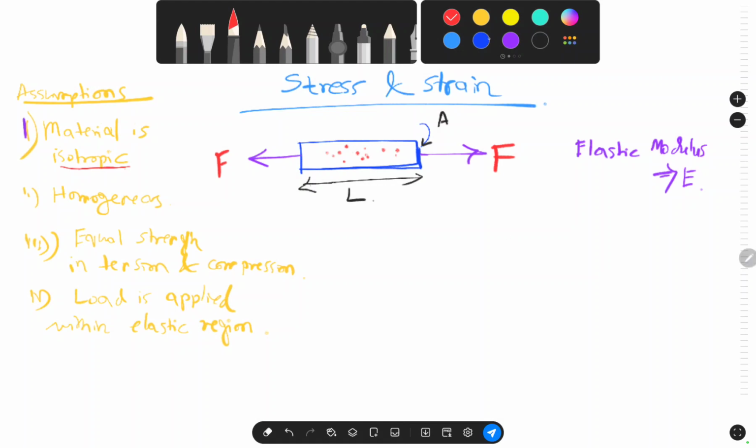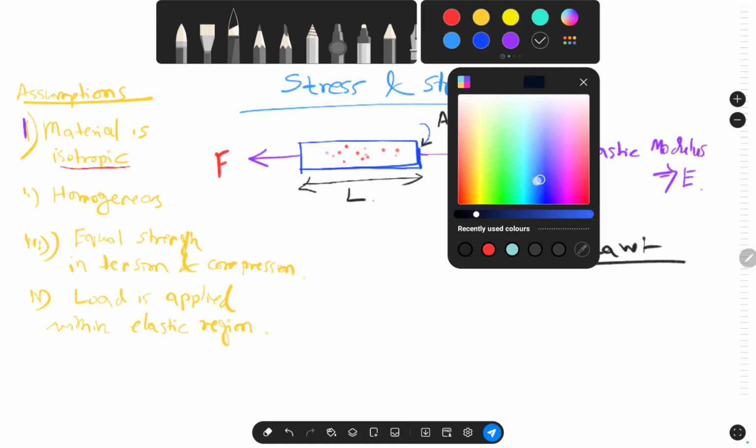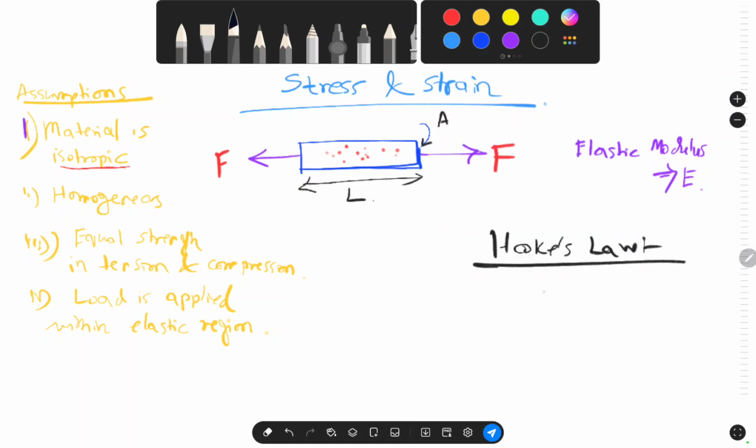So Hooke's law: stress is proportional to the strain. Now stress is equal to E times strain, where E, the proportionality constant, is known as the elastic modulus.